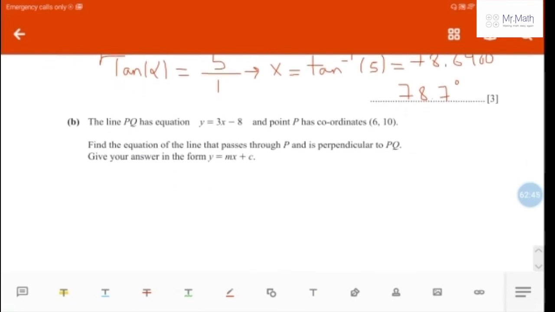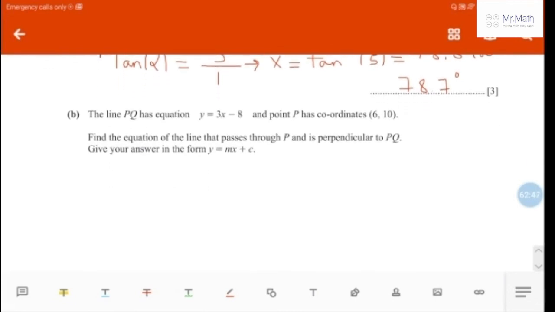Now, in part B, it says the line PQ has equation y equals 3x minus 8, and point P has coordinates (6, 10). Find the equation of the line that passes through P and is perpendicular to PQ. I have to give my answer in the form y equals mx plus c.